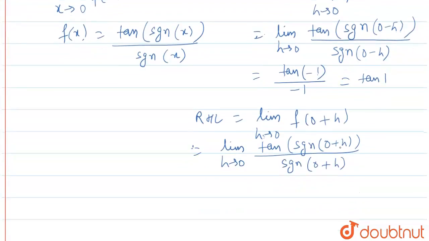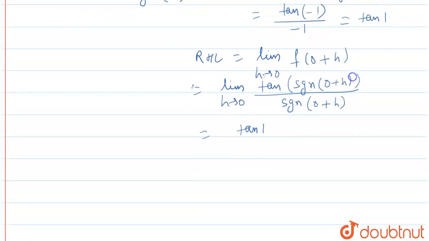A value slightly greater than 0 in signum gives us 1. So we have the result as tan 1. In both LHL and RHL we have result as tan 1. So as LHL equal to RHL, we can say that limit exists in case of option D.